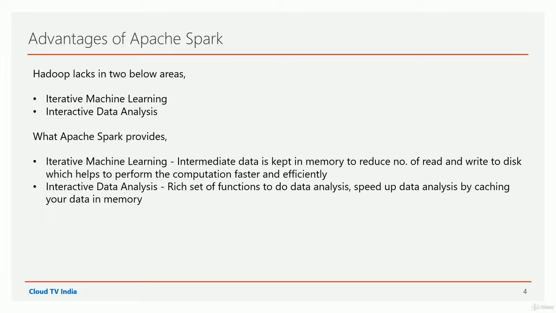Intermediate data can be stored in memory, so that the next job will take from that. So you can do a lot of iterations using the data which is available in memory. That way the speed is increased, and you can complete the job in a faster manner.